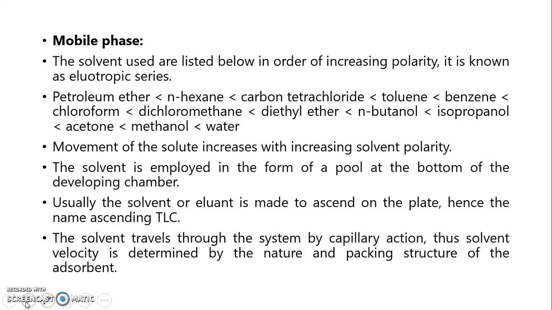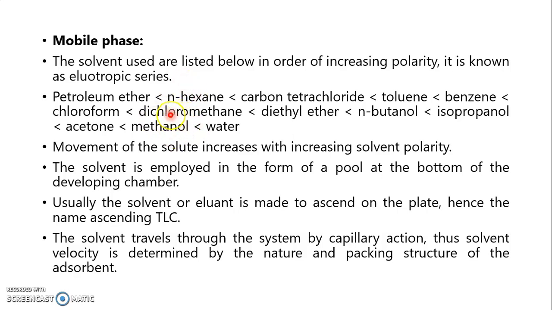Next is the mobile phase. In chromatographic techniques, we have two phases. One is the stationary phase. In TLC we are using silica gel as the adsorbing material of the stationary phase, and the mobile phase can be any suitable solvent depending on the polarity. We can arrange the solvents used as mobile phase according to their polarity, and this series is known as the eluotropic series. These are known as eluting solvents or eluents.